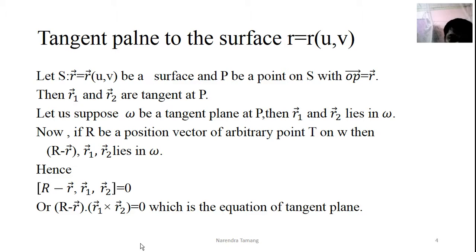Tangent plane to the surface R = R(u,v). Let S: R = R(u,v) be the surface and P be a point on S, with vector OP equal to vector R. Then vector R1 and vector R2 are tangent at P. Let us suppose omega is the tangent plane at P, then vector R1 and vector R2 lie in omega.